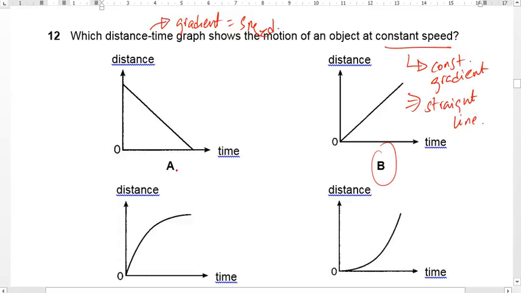This one also? The distance cannot decrease. Only your displacement can decrease. Your distance traveled cannot get smaller and smaller. So, no, we don't accept this. Answer is B.